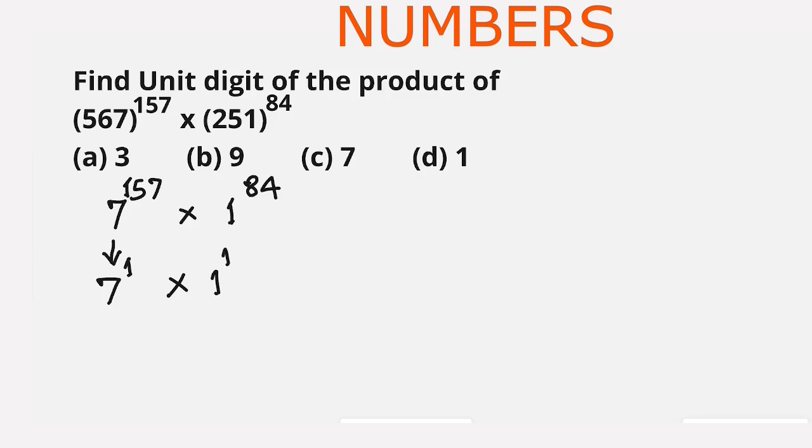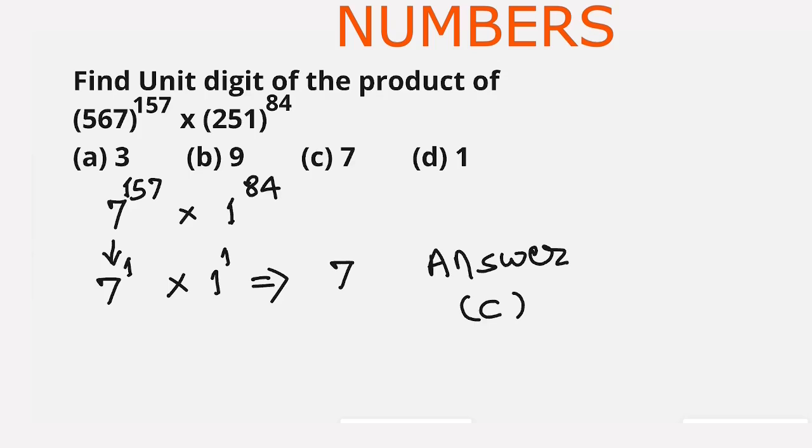So it is 7 to the power 1, and this is nothing else but 7 times 1, which is 7. So the ones place digit, or unit digit, in the product of the given question will be 7. And from the given options, our answer is option C, 7.